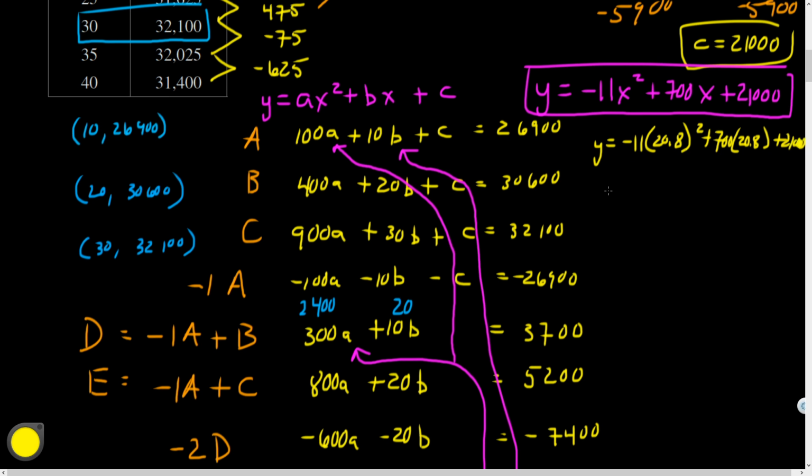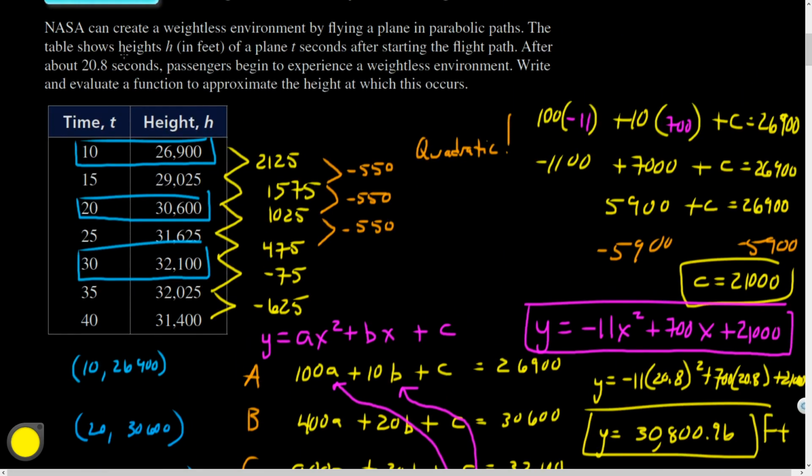If you simplify that, you get about 30,800.96. This is the height in feet, of the plane at the time when the passengers begin to experience weightlessness.